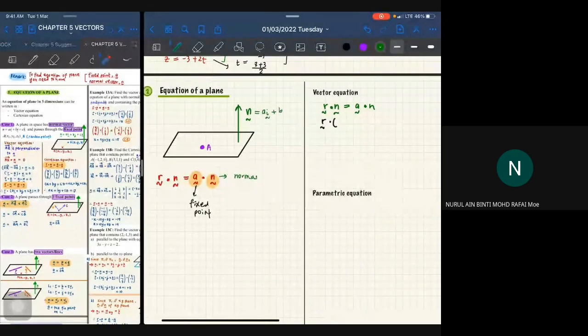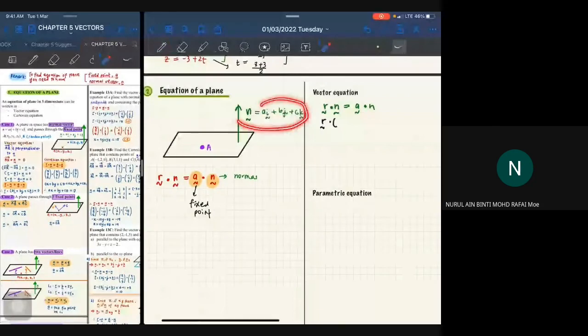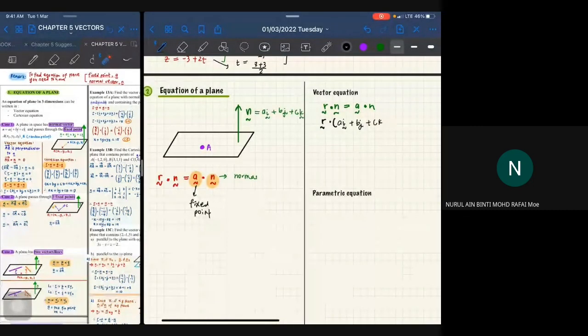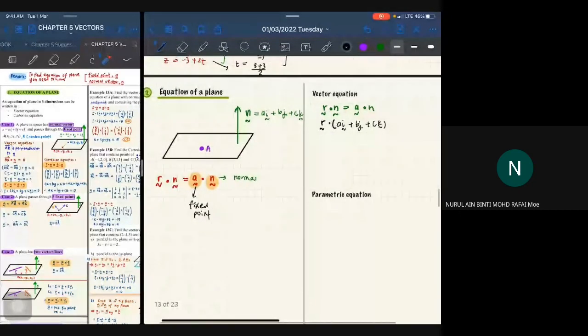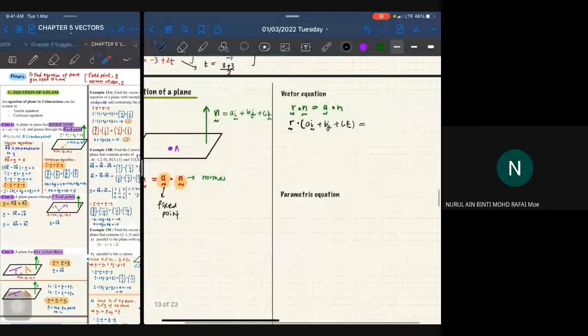So normal awak, this one, dia adalah sama dengan ai plus bj plus ck. Okay, so dia adalah satu vektor lah. So vektor untuk normal ni, I let it as this one for now. So you will have ai plus bj plus ck. Okay, and then yang dekat belah kanan, awak akan dapat dia satu constant.